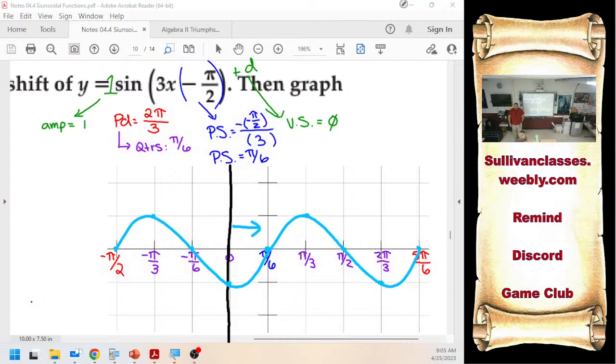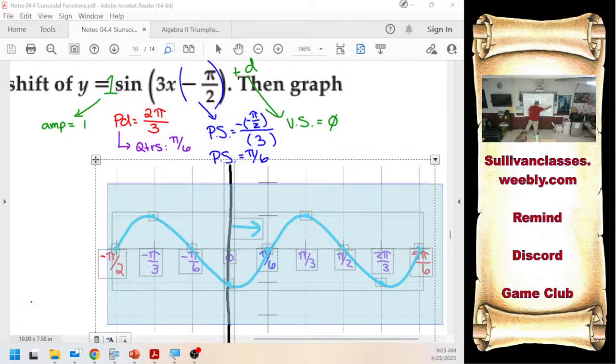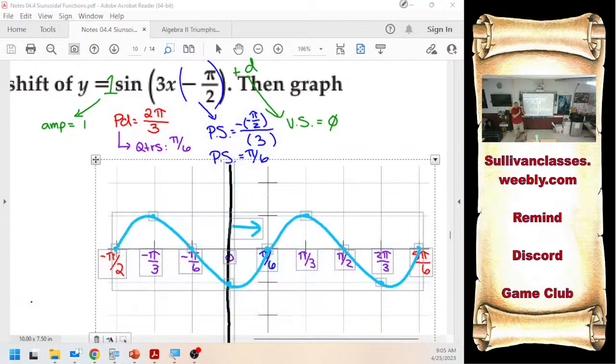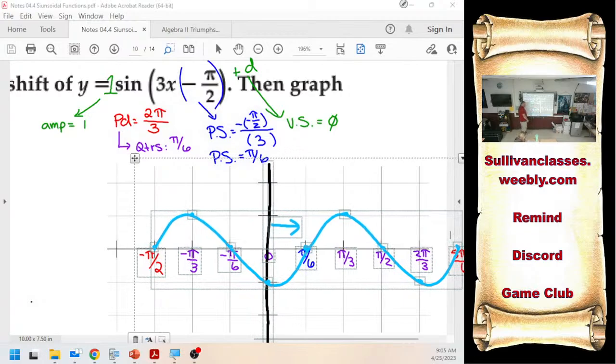So, are we supposed to draw that white line? No. The reason that I put the white line there is to show you, because the phase shift matched my quarter marks, I could have just started at 0 like normal, but I would have to remember to start my graph over here at pi over 6.